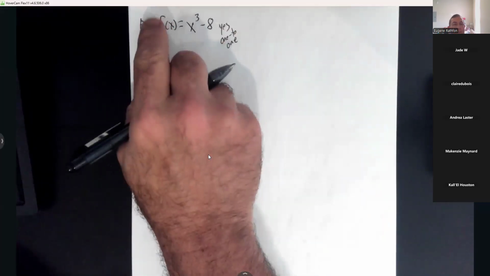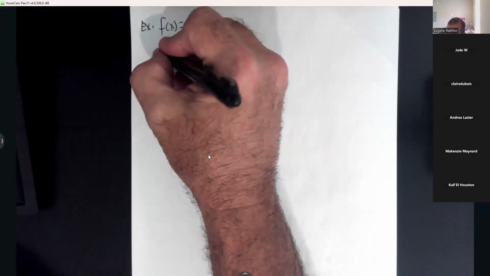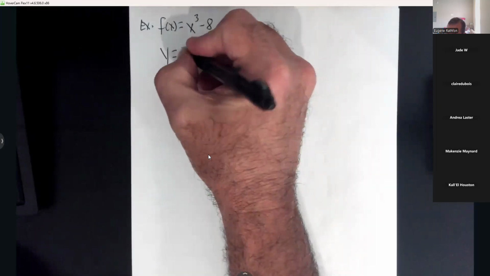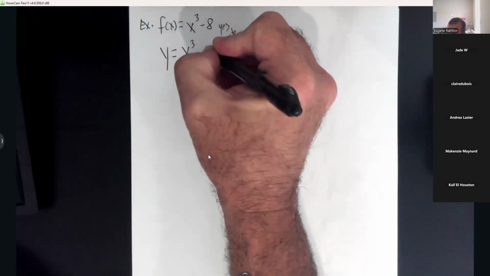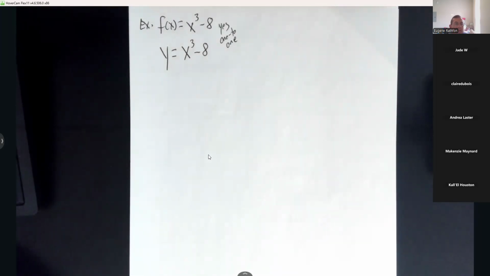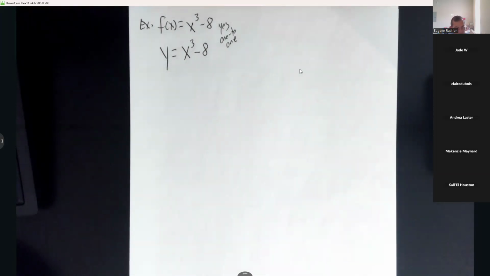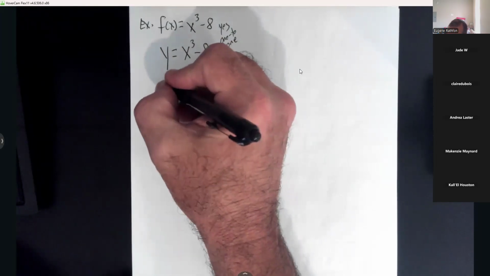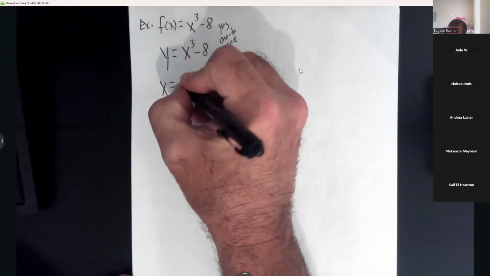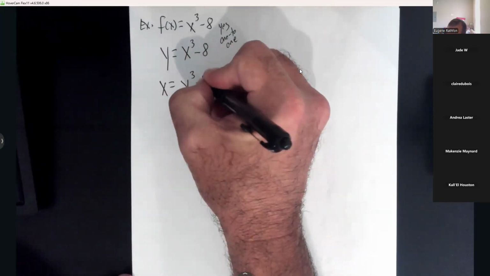So I'm going to find the inverse. Replace f of x with a y. All right, y'all. So if y'all are with me now, let's see what's the next step. Okay, so let's switch them. So that gives me x equals y cubed minus 8.